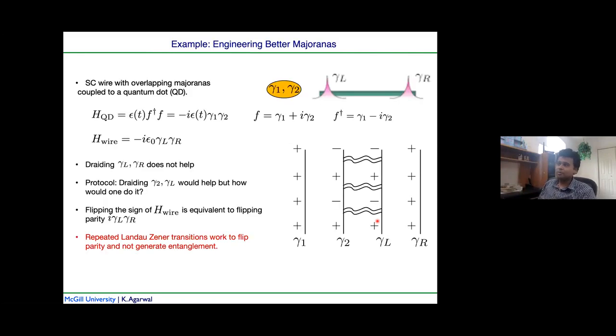Okay, so let me give the setting that I'm thinking about. Again, I have this quantum wire, and I have two Majoranas on this quantum wire at the ends, and these are fat Majoranas.